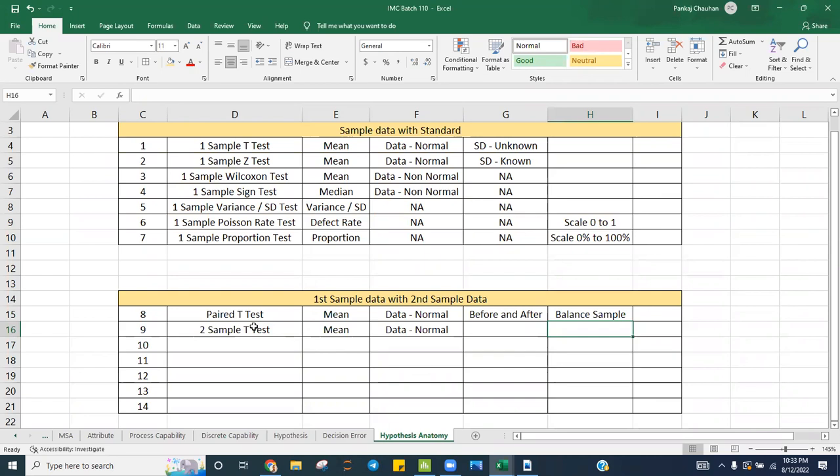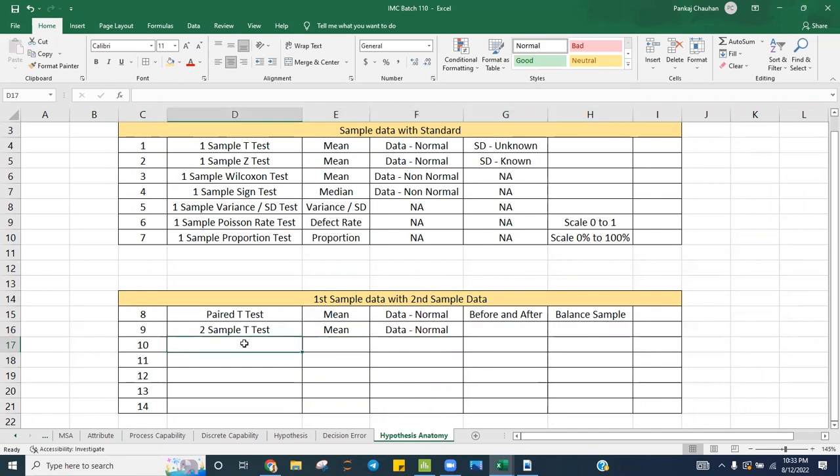So in case you have before and after and the sample size is unequal, you can use the two sample t-test. The paired t-test will work only for before and after, but the two sample t-test you can perform in any condition. You just have to have two sets of data which are normally distributed, and you are going to compare the mean.